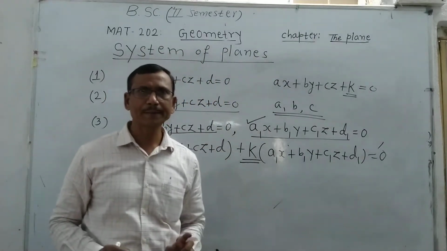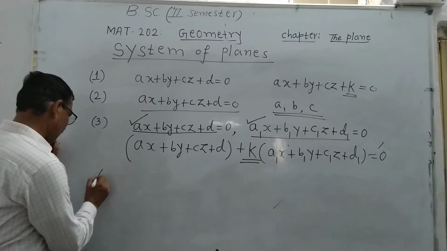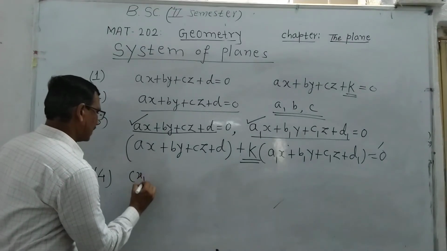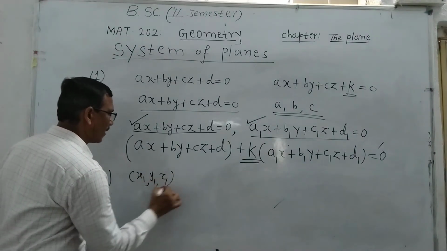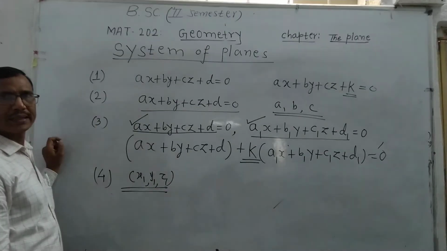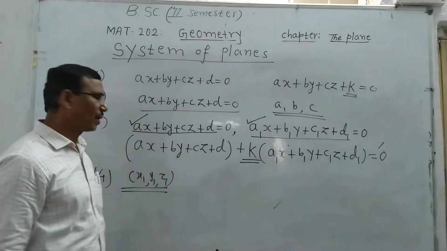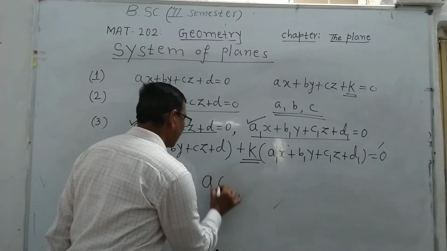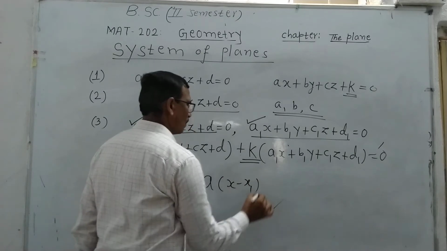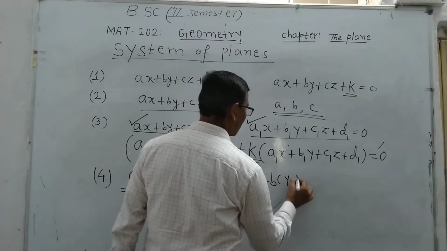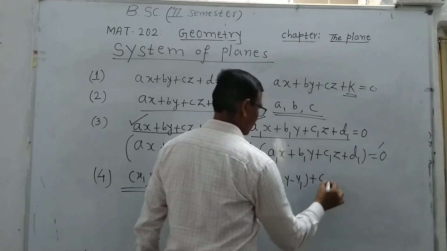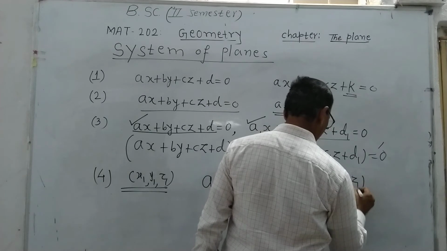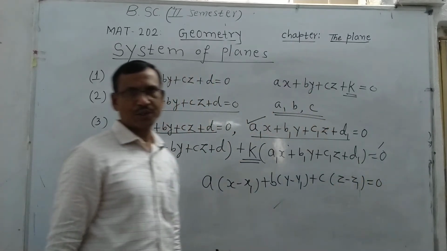Okay. And we have already seen in the previous lecture, if (x1, y1, z1) is a given point, then the equation of the plane passing through this point is given by a(x minus x1) plus b(y minus y1) plus c(z minus z1) equals 0.